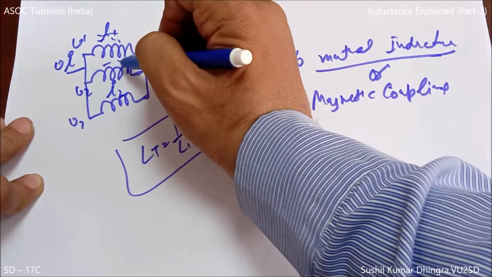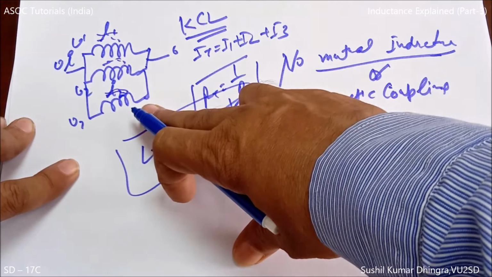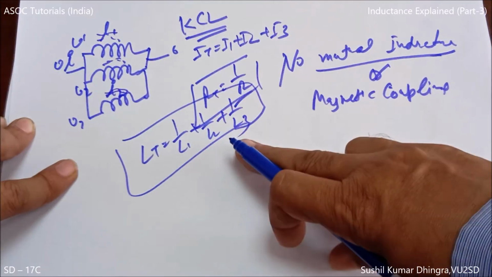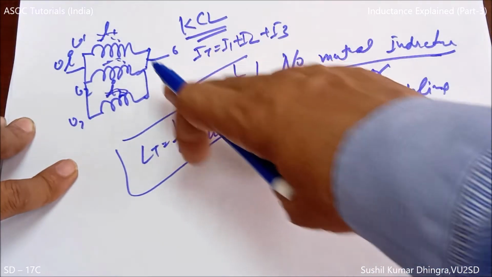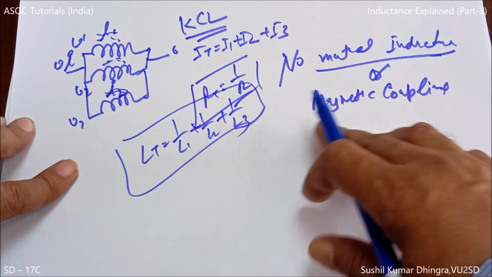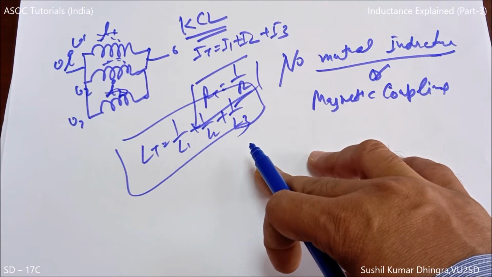They should be magnetically isolated from each other, then only this equation holds good. Otherwise you have to consider that also, but as per the syllabus requirement I am going with isolated numericals only. Keep that in your mind.